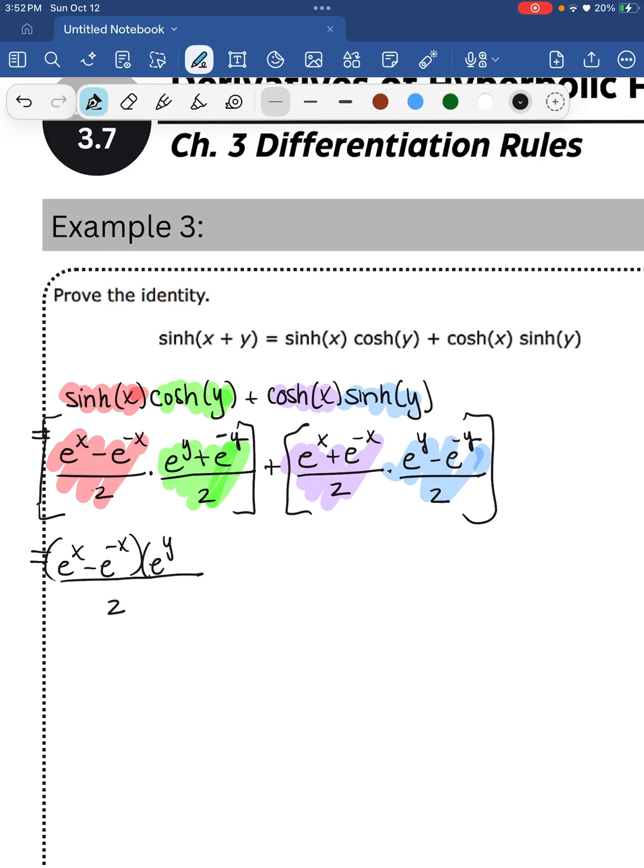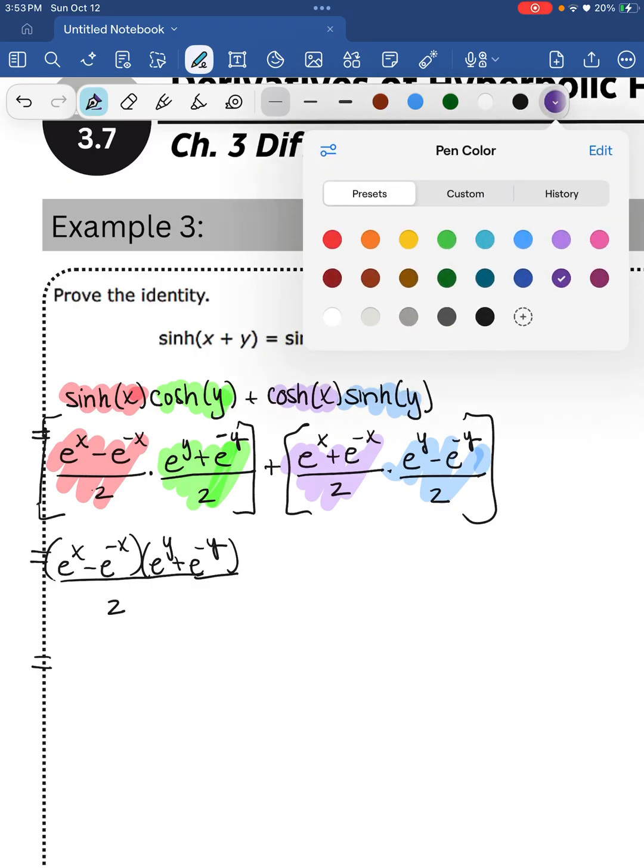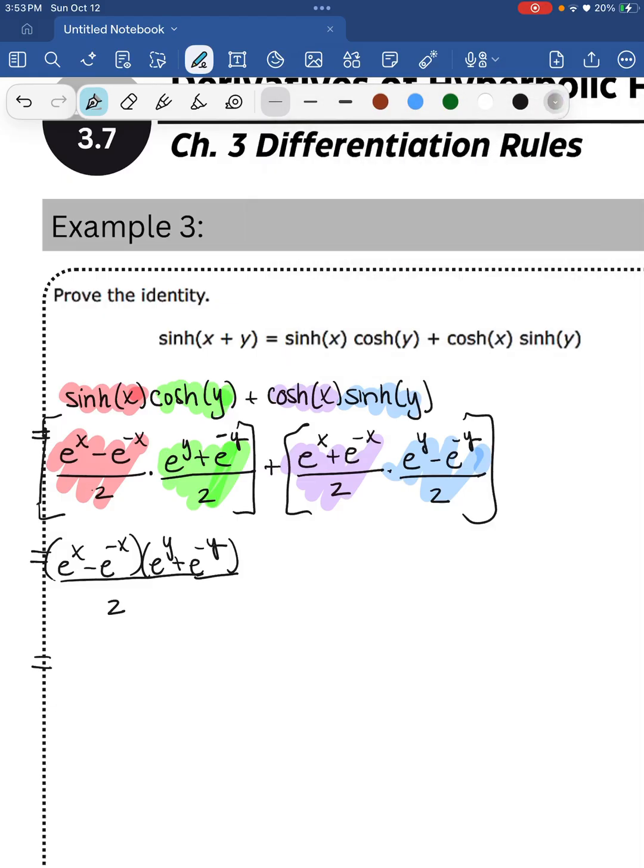And since they're both over 4, we can now rewrite all of these together. And there's a plus sign in the middle, so no signs will be affected. Notice that we end up with e to the x plus y plus e to the x plus y, which is 2e to the x plus y. We have a positive e to the x minus y and a negative e to the x minus y, and then we have another negative and positive, so that'll cancel out.